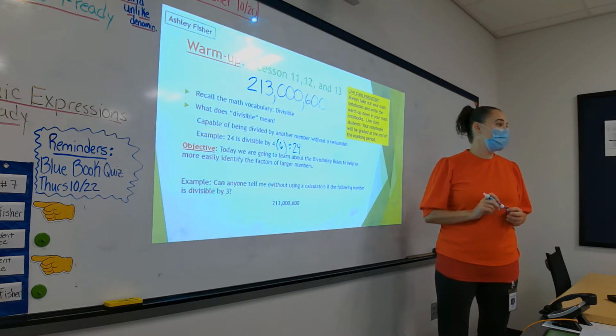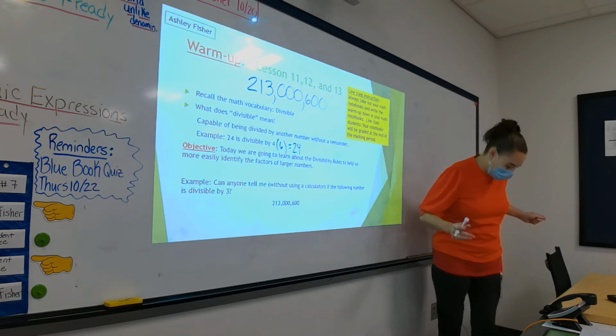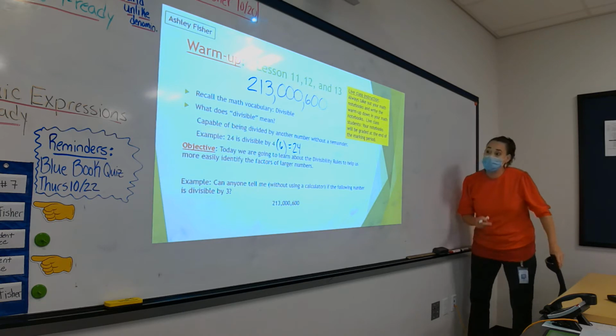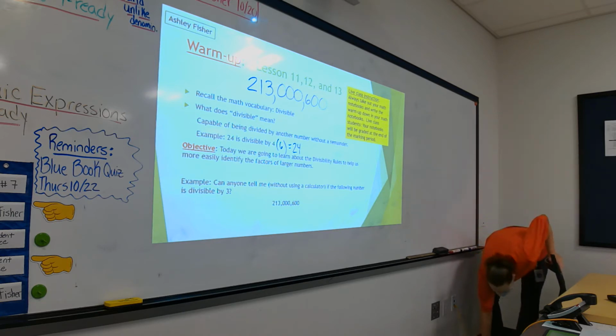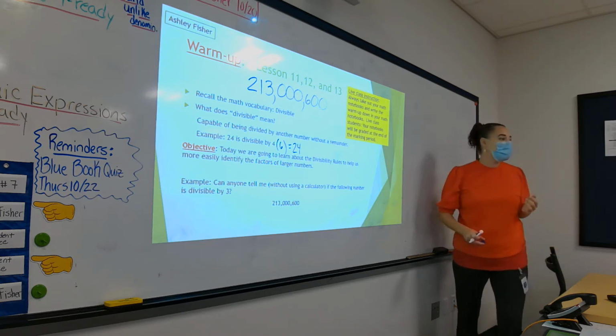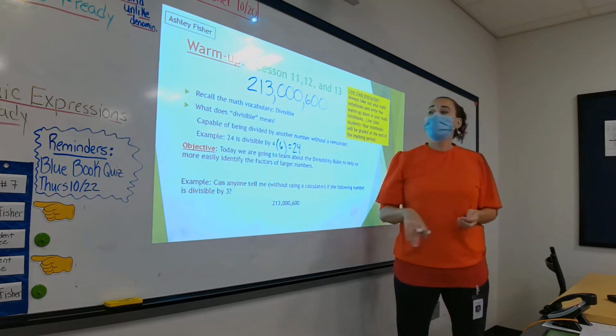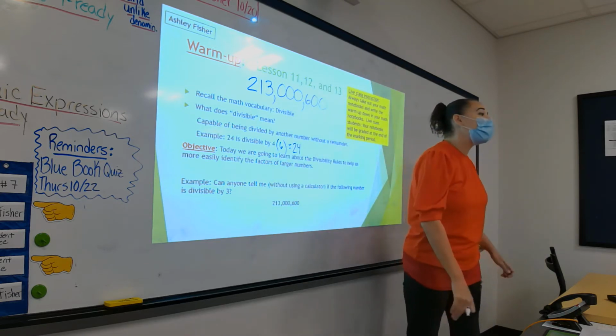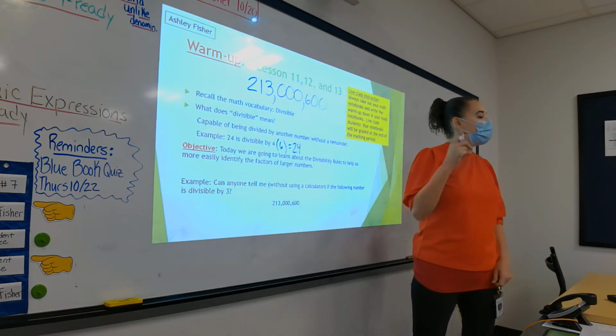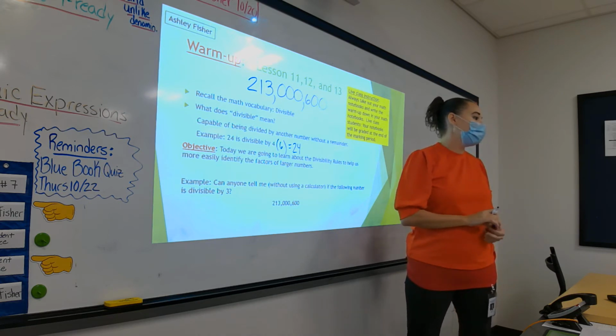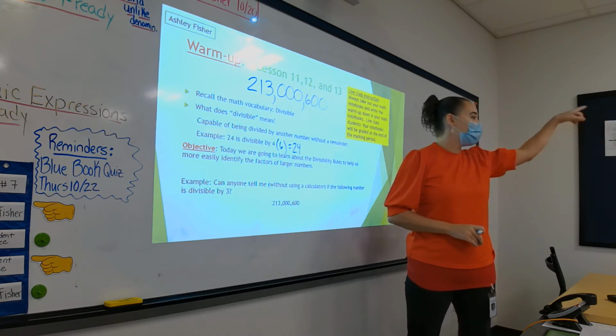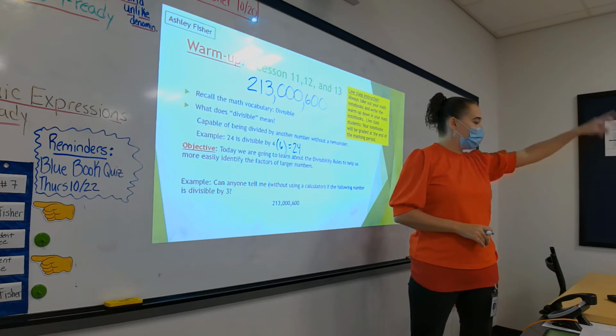Is that divisible by 3? You don't even need a calculator to know if that's divisible by 3. I can look at that in half a second and tell you. That's why your divisibility rules are so important. You can have a huge number like that, and you don't need a calculator. You can say, yep, I know if that's divisible by 3 or not. Okay, I'm tallying it. Divisible by 3, yes or no? Justin, yes or no?